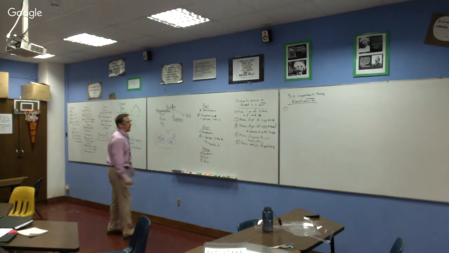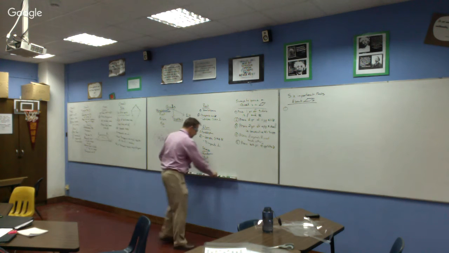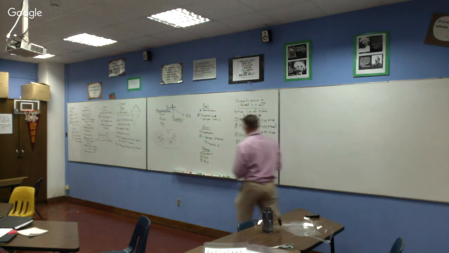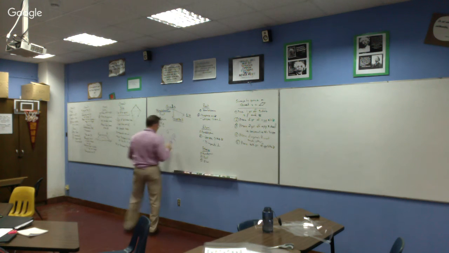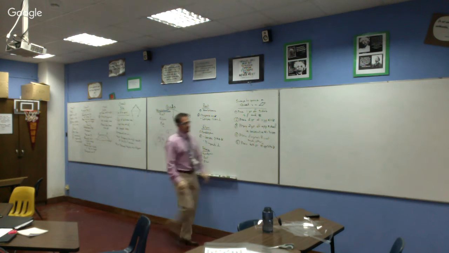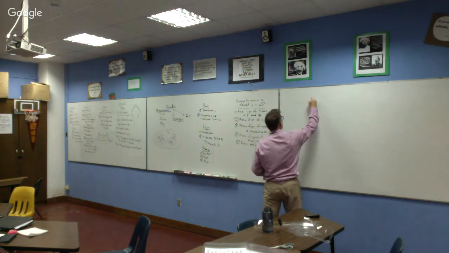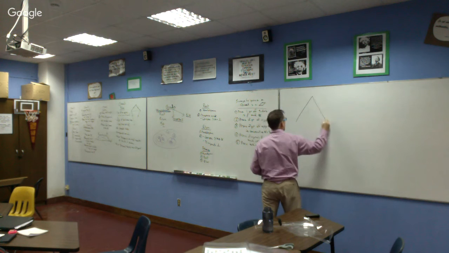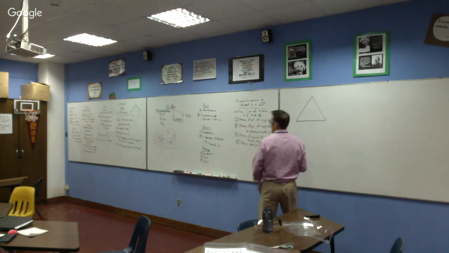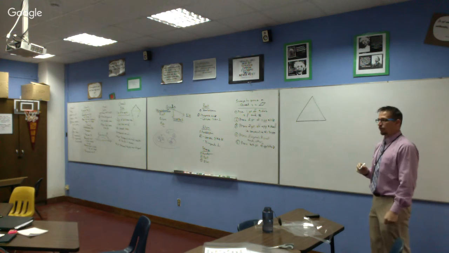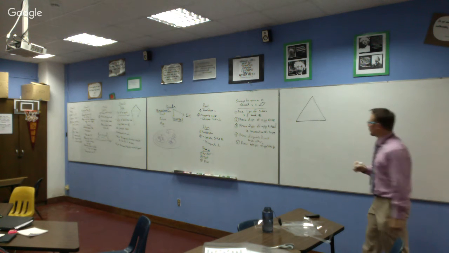Alright, now I want to talk a little bit about these special isosceles trapezoids, and go back to the point that they come from an isosceles triangle. We had an isosceles triangle way back when we dealt with this.